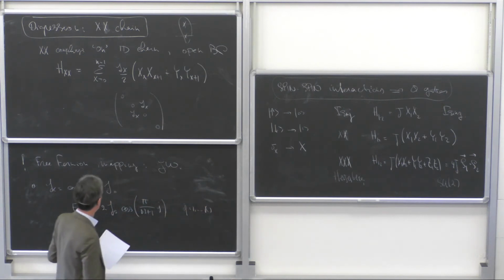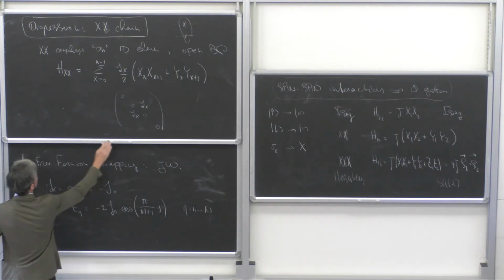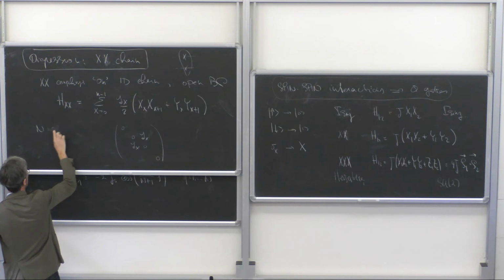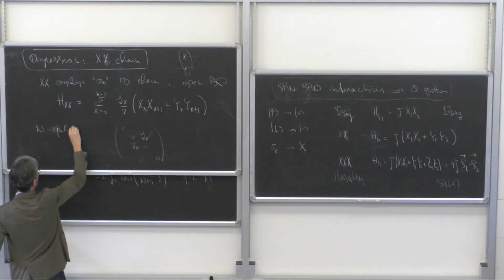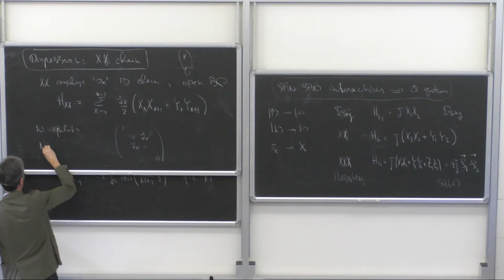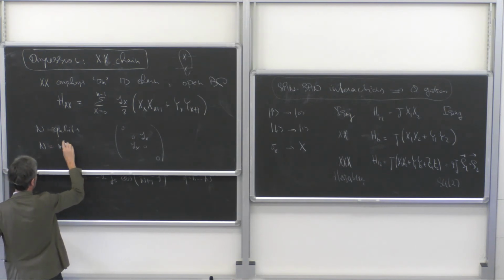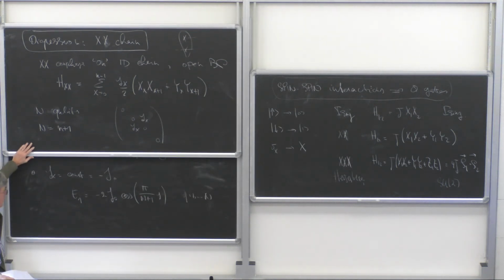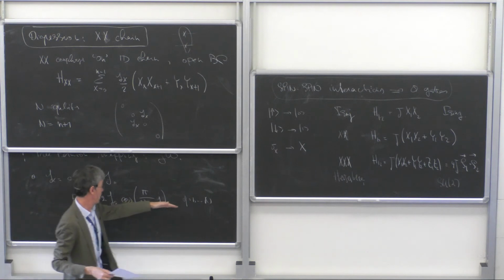So I'm talking about n sites, n qubits, and I use n equals small n plus 1. That's to make contact a bit later with funny polynomials. But it's simply n qubits, and this is the one-body energy that you probably know.